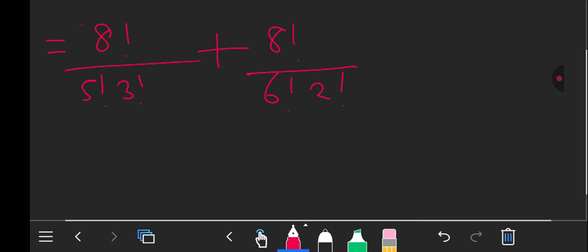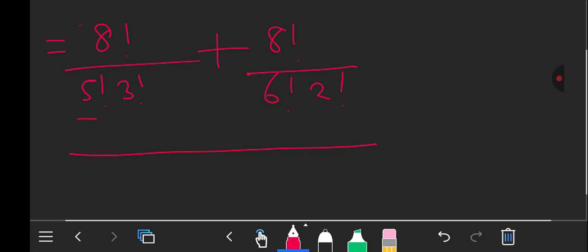At this point, we are going to find the common denominator. This is addition, so we find the common denominator. So what will be our common denominator? We are going to take the bigger number, because a smaller number can go into a bigger number.